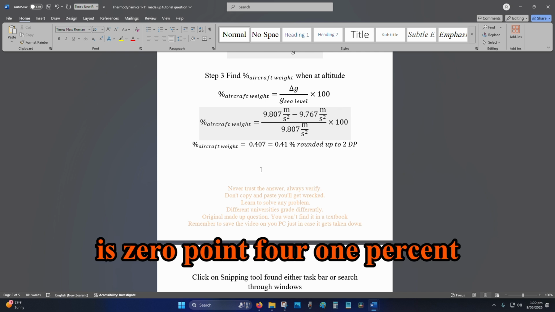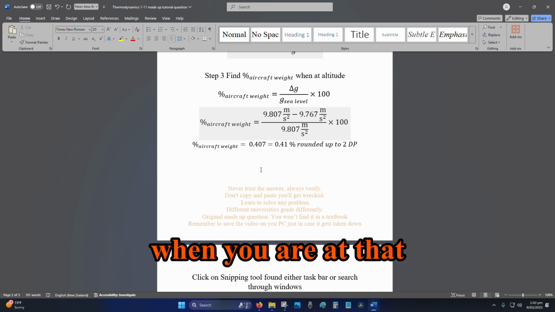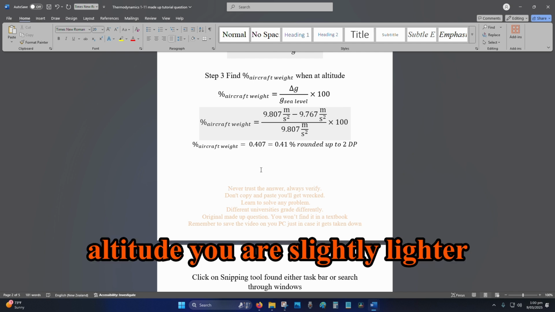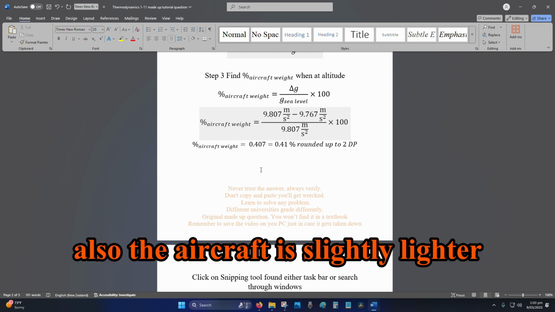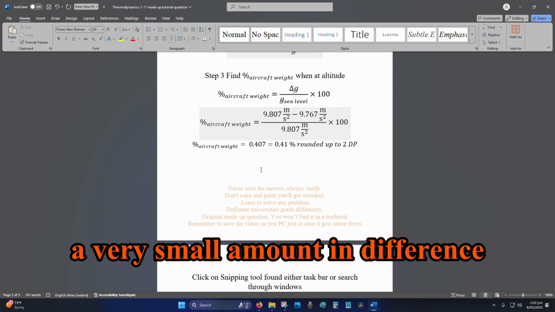So it is 0.41%. When you are at that altitude, you are slightly lighter. Also, the aircraft is slightly lighter. It's not negligible, but it is a very small difference.